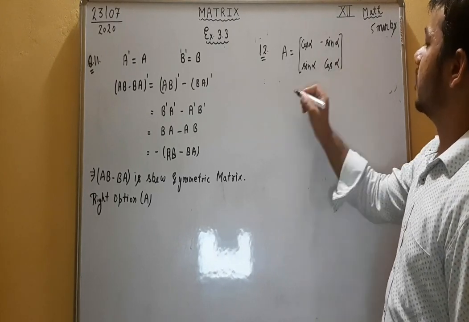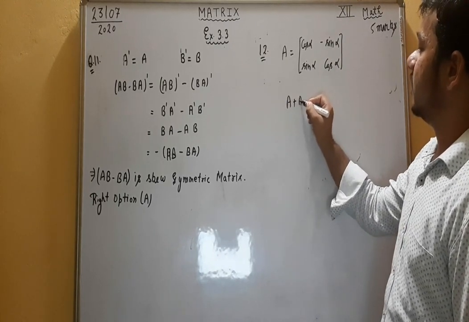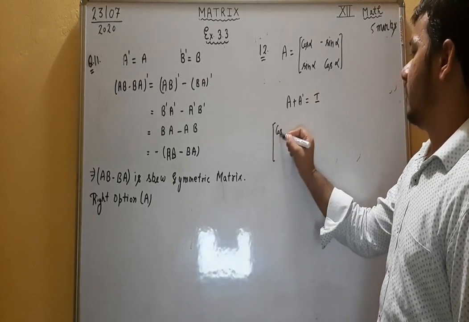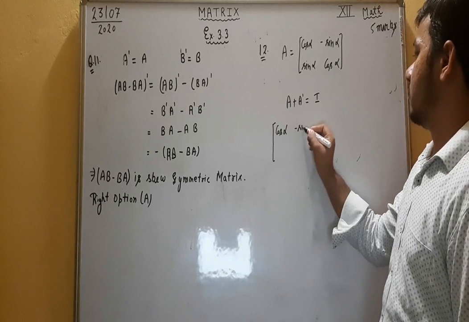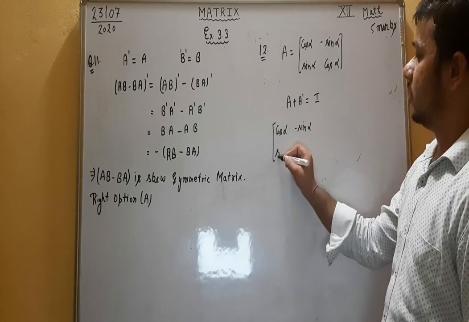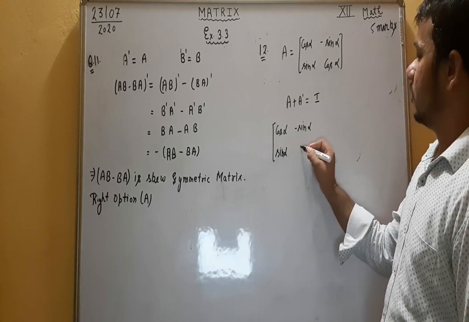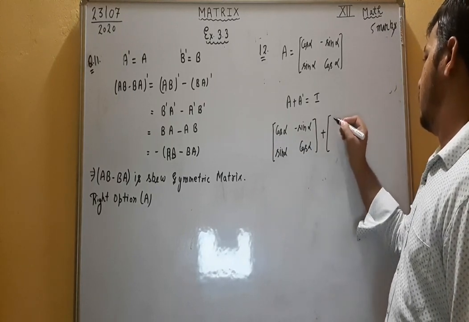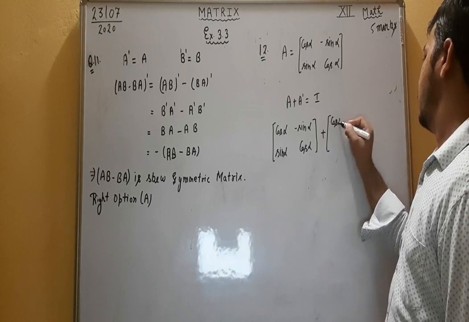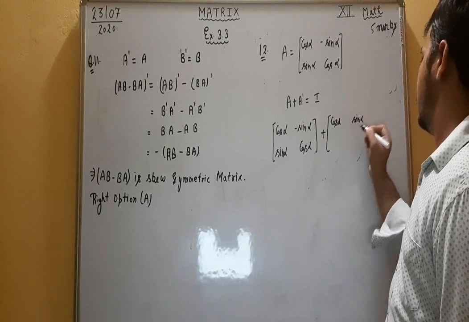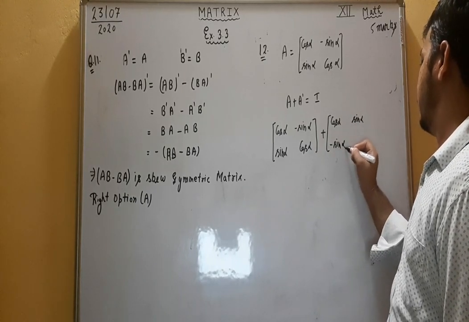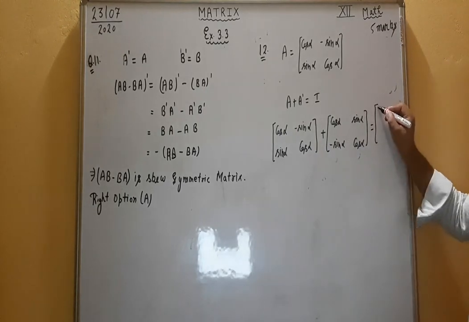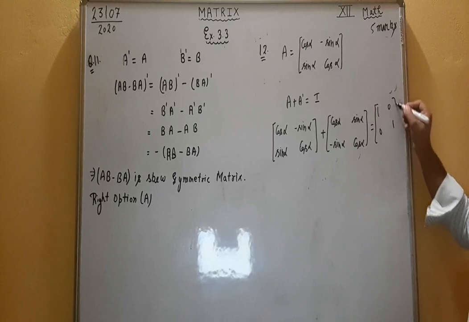You are given one more thing, A plus A dash is equal to I. So put the value of A: cos alpha minus sin alpha, sin alpha cos alpha, plus cos alpha sin alpha, minus sin alpha cos alpha, right? And it is equal to the identity. Identity is what? 1 0 0 1.